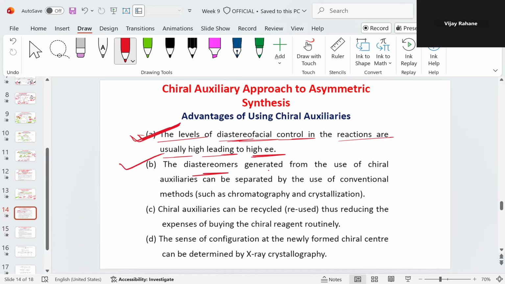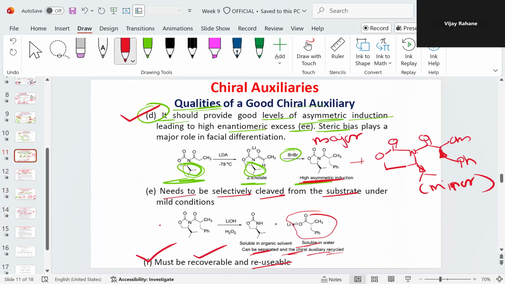Also, the diastereomers generated from the use of a chiral auxiliary can be separated by a conventional method, that is, column chromatography. If you have major and minor product formation, let's take this example.